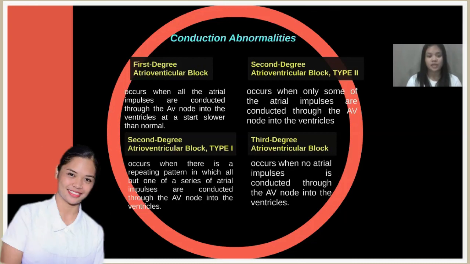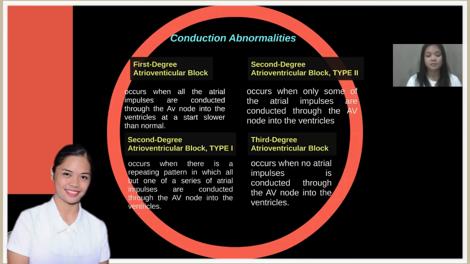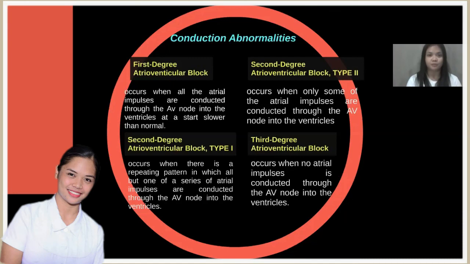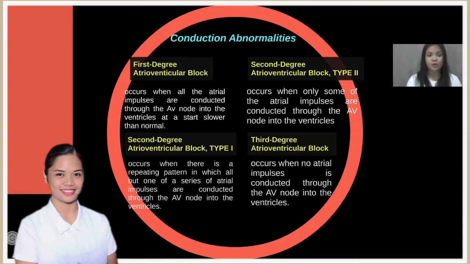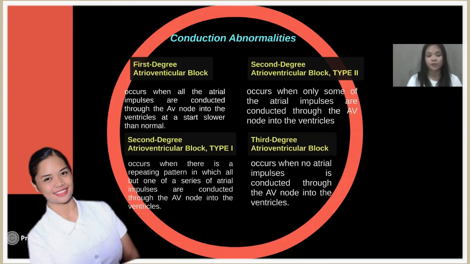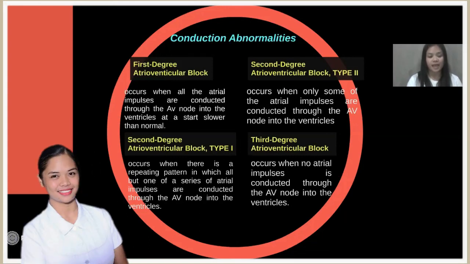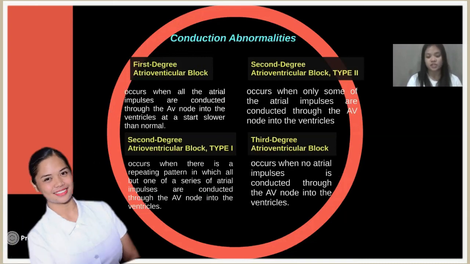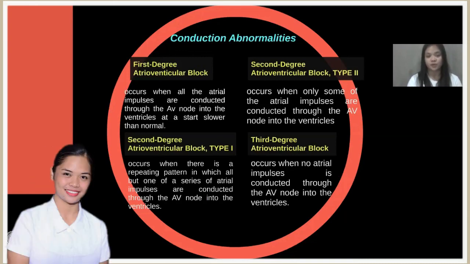The second degree AV block is subdivided into type 1 and type 2. Type 1 second degree AV block is also referred to as Mobitz 1 or Wenckebach block. In this type, the AV node is not able to repolarize adequately by the time the next electrical impulse arrives, so the electrical conduction will be slower than the previous.